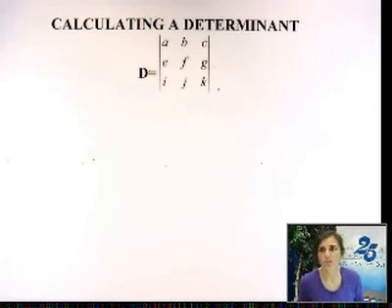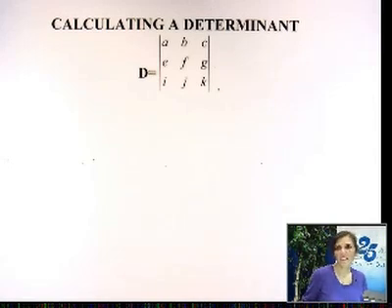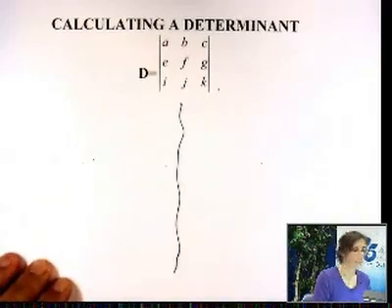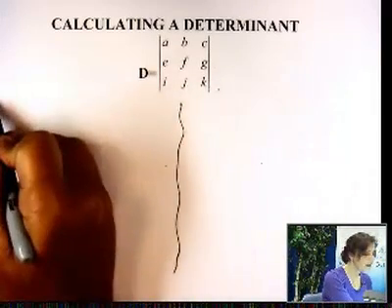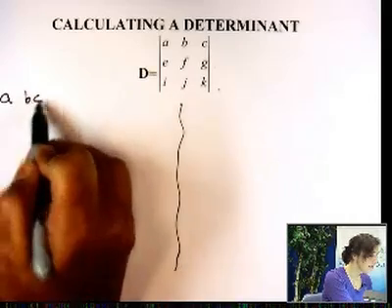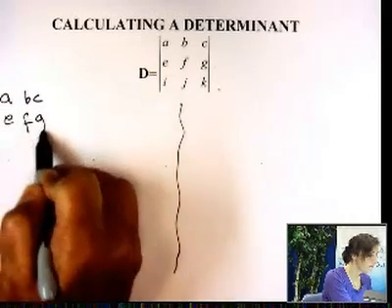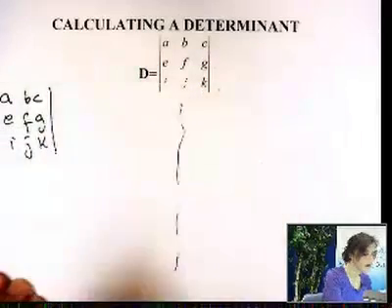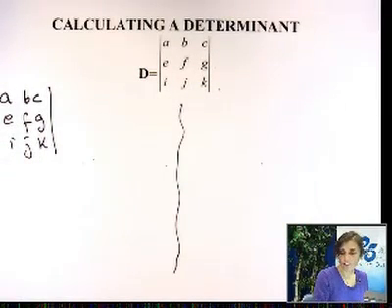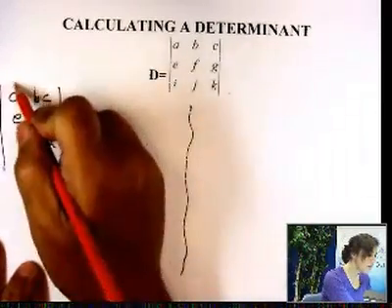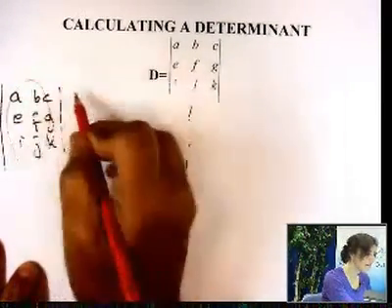How do I calculate a determinant? There are 2 ways of doing it. And I'll show you how to do it both ways. So one way is this way. I write my determinant, A, B, C, E, F, G, I, J, K. Then what I do is I go and I write this A, B, C column, these 2 columns, one more time here.